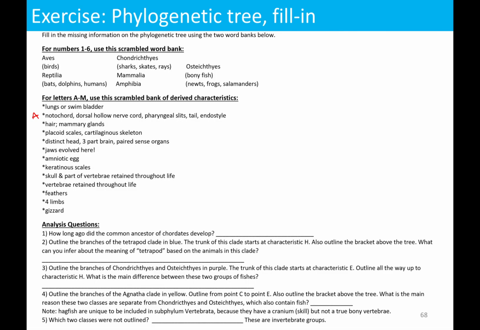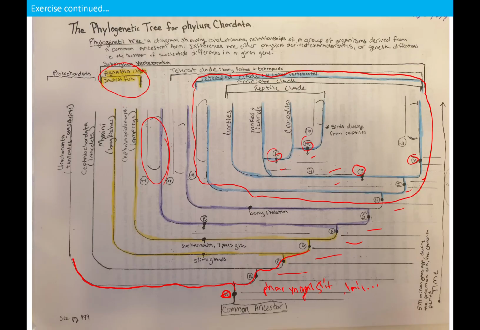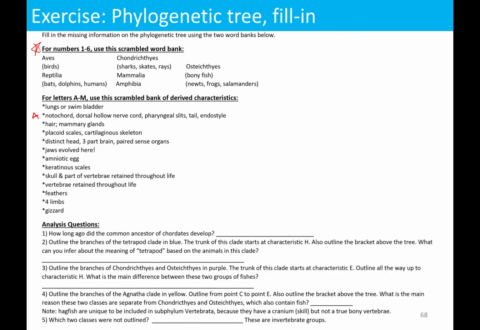Let's just do one example using 1 through 6. Up here in the tetrapod clade, I have a blank. I have turtle, snakes and lizards, crocodiles, another blank with a note that says birds diverged from reptiles, and another blank way over here. So moving along, it said birds diverged from reptiles.